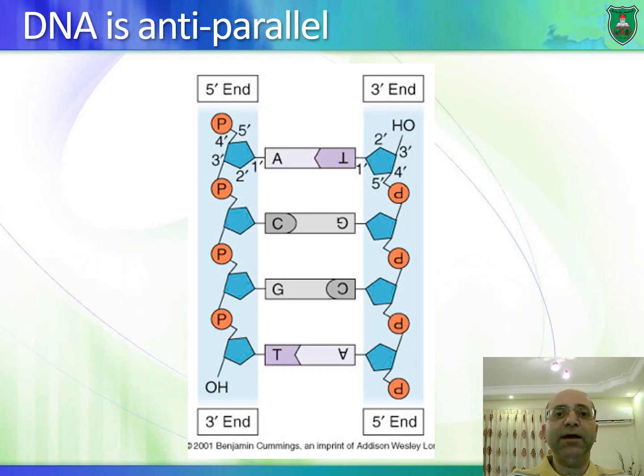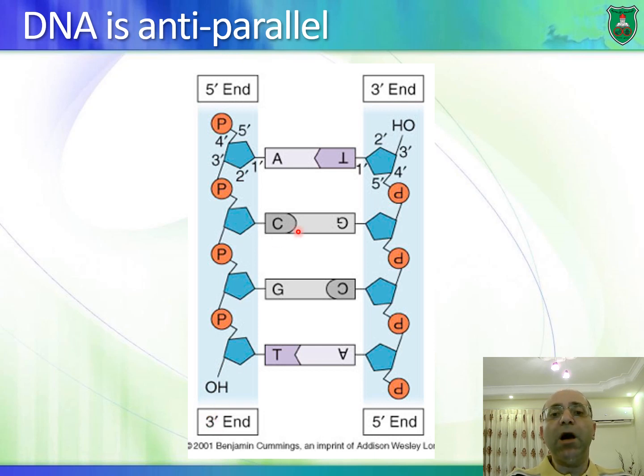They are in fact anti-parallel. What we mean is that you have one strand where on top you have the 5' end, so that's the carbon number 5 associated with phosphate, and on the other end you have the 3' carbon right here. So that's the 3' end.